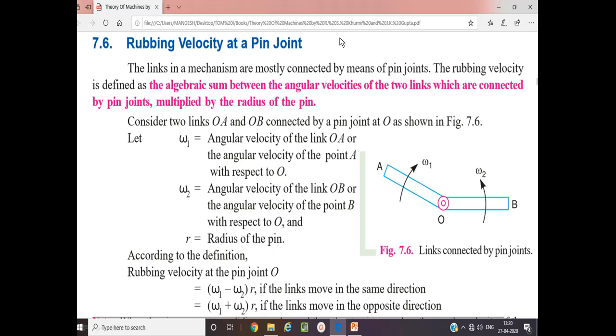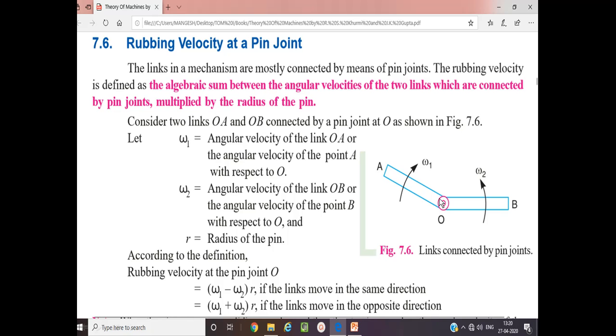Consider OA as one link and OB as another link, and these two links are connected by a pin joint at point O. Because of friction there, some rubbing velocity is generated. Its value has to be calculated by a formula. The rubbing velocity at a pin joint is equivalent to the algebraic sum of the angular velocities of the two links connected at the pin joint, multiplied by the radius of the pin joint.